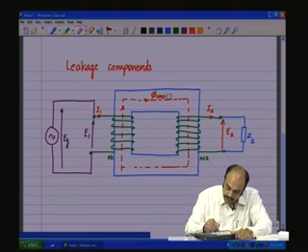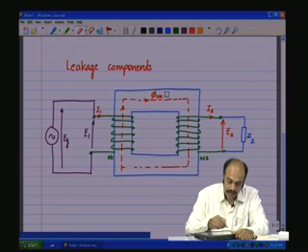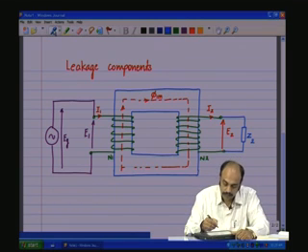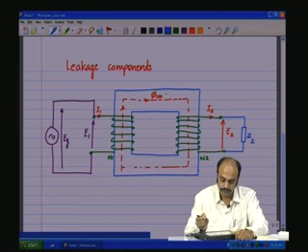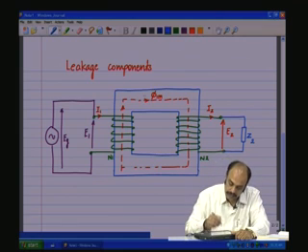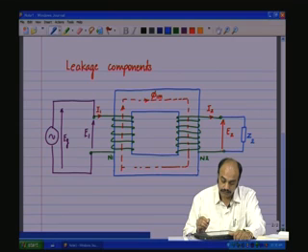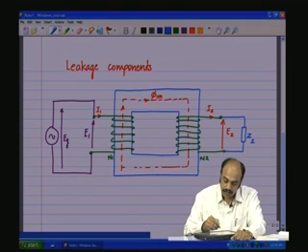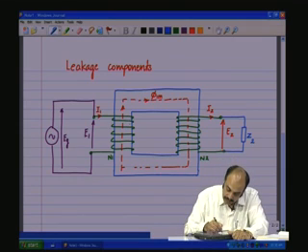So, the fluxes here are now N1 I1 is going to generate phi 1 m. This is generated by N1 I1, but there is also a possibility that some of the fluxes just loop back through the air like that.